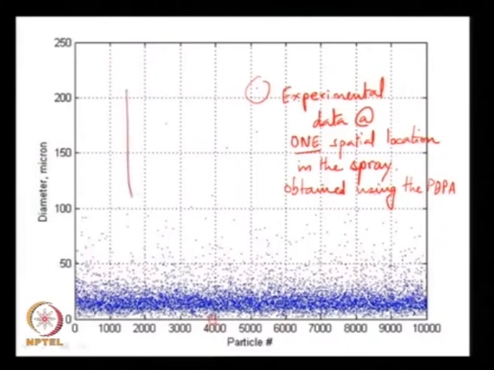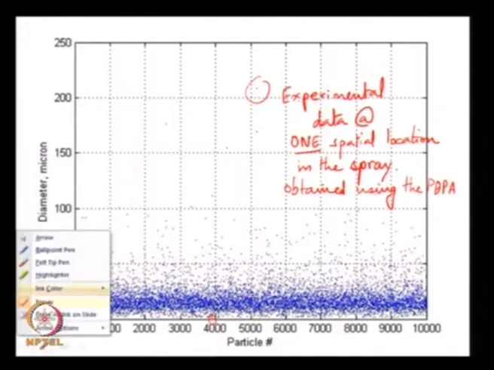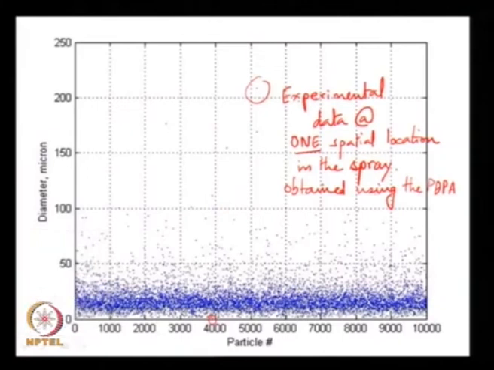So, if I now take the probability density of this, I am going to draw it on this axis. You can see how the density is 0 at 0.